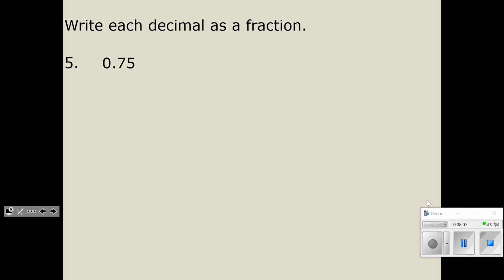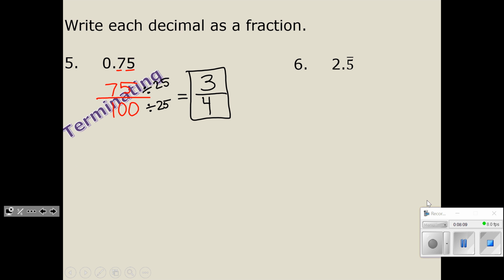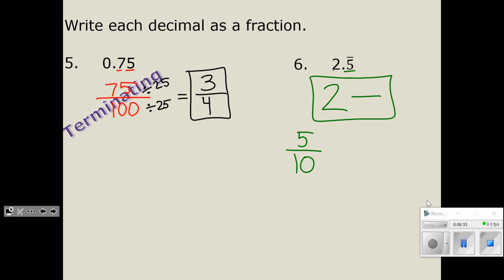Our last example is 2.5 repeating. We're going to change it to a fraction. So we have 2 is our whole number, and we're going to have 2 and then a fraction next to it in our final answer. And if I have 2 and 5/10 repeating, I'm going to start by doing 5/10 to take care of the 5 in the tenths place.